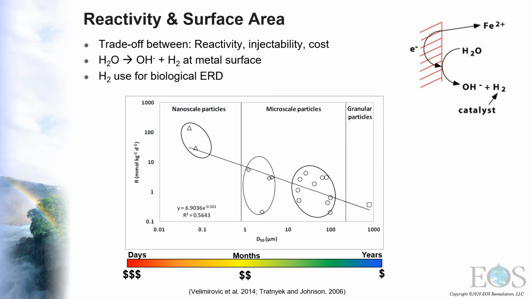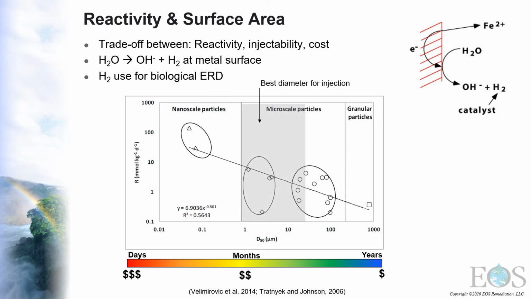But you don't get the reactivity. And as you decrease particle size, you see that not only are we increasing reactivity, but we are decreasing longevity and we are increasing cost. As you get smaller in particle size, it becomes more difficult to manufacture and therefore it becomes more expensive.